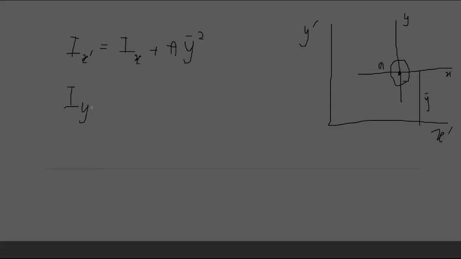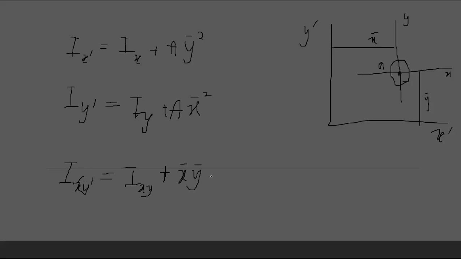Iy dash is Iy plus A times x bar squared. And Ixy dash is Ixy plus x bar y bar A.